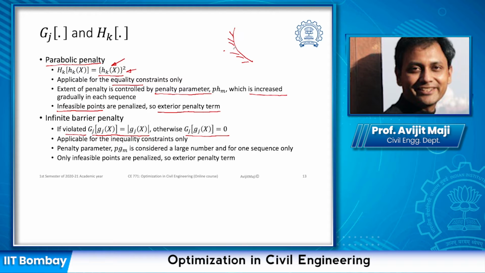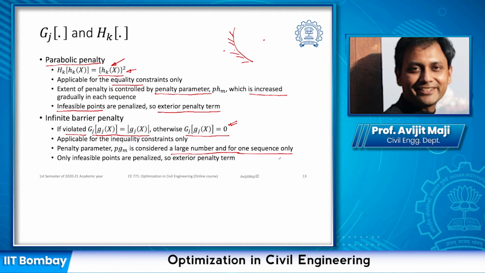If it violates by a little bit, suppose the point is very close to the boundary, then this value is going to be low. But if we get a point on this side, which is actually in the feasible region, then this particular constraint is not going to be violated, and in that case this value is going to be 0. So it won't have any effect on the objective function. As I said, it is applicable for the inequality constraint, and the penalty parameter in this case is considered a large number and for one sequence only.